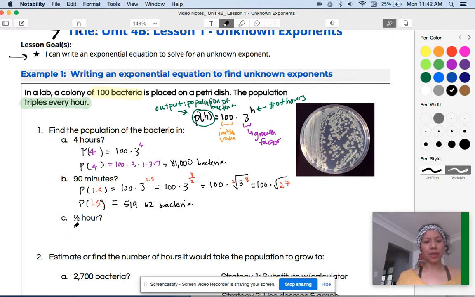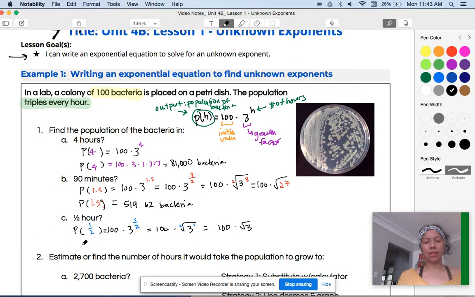And so moving on to our last example here, half an hour. Well, that's already in hours, so we just write 1/2 as our input, which will equal 100 times 3 to the 1/2 power. And again, this will equal the same thing as 100 times the square root of 3.